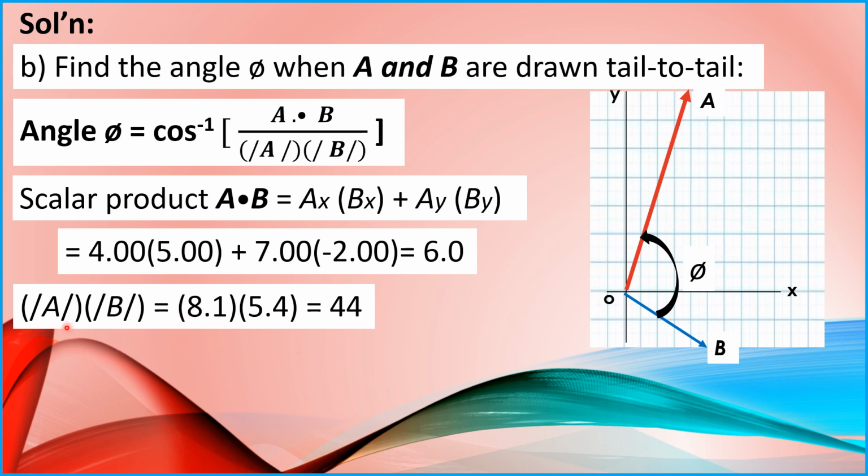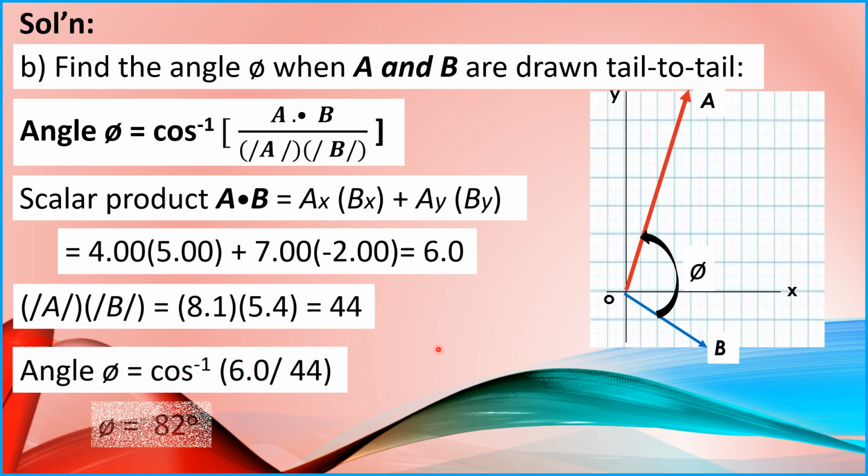The magnitude of vector A is equal to 8.1 units, while the magnitude of vector B is equal to 5.4 units. So when they're multiplied, we get the product of the magnitudes of vector A and B equal to 44 units. Now we are ready to calculate for the angle phi.